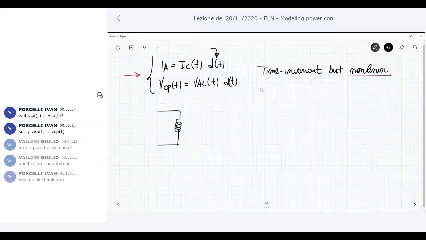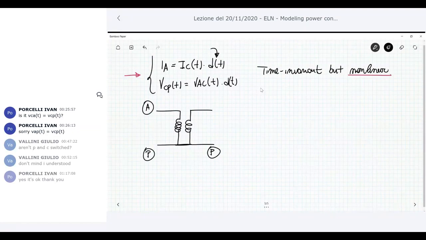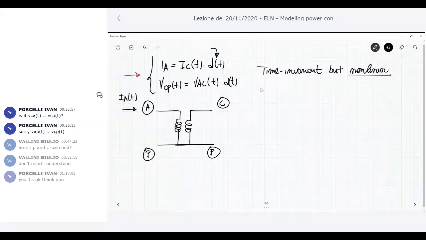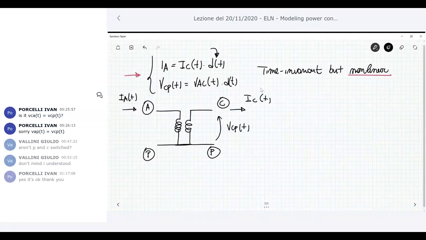Let me draw here a transformer. Let me put here active. This transformer has just one passive node here. And then you have C. So you have IA as a function of t, IC as a function of t, VCP as a function of t, VAP as a function of t. Okay?